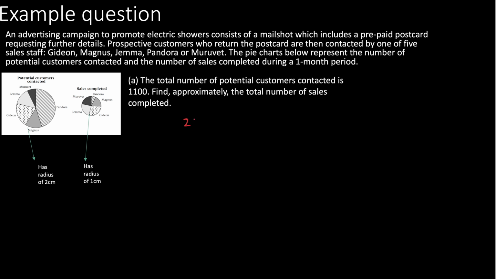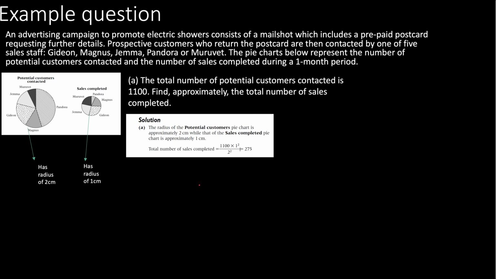I know that 2 square pi would be proportional to 1,100, and since the area of the smaller one would be 1 square pi, we can clearly see that dividing this by 4 will give us a solution. So dividing 1,100 by 4 will give us 275. This is the solution.